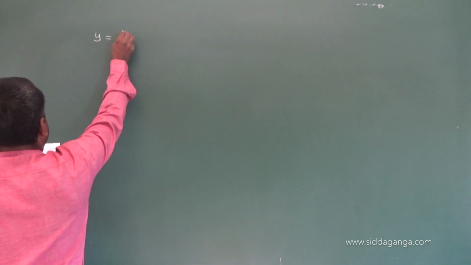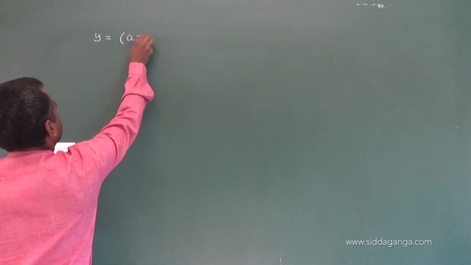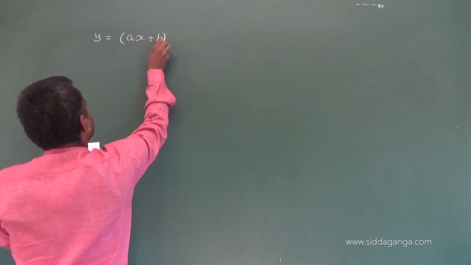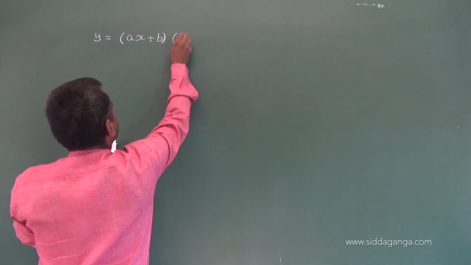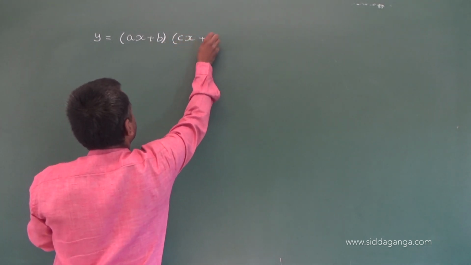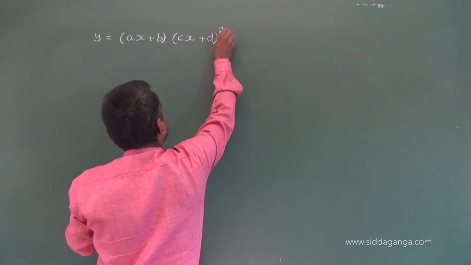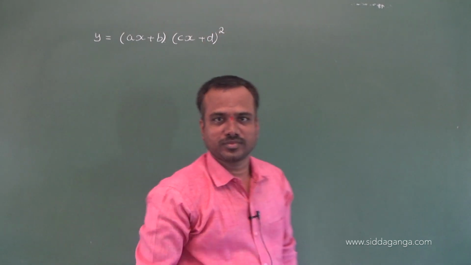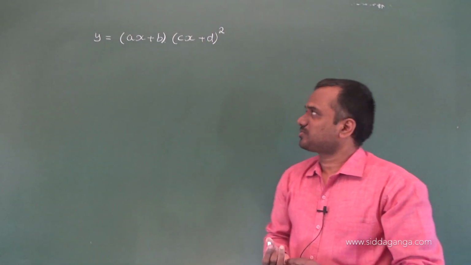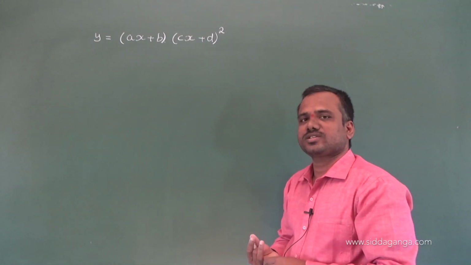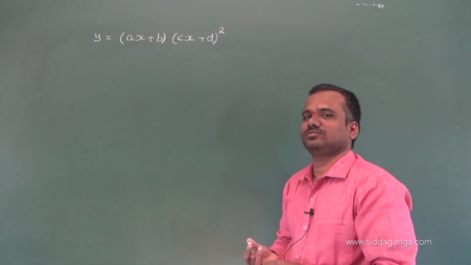Y is equal to ax plus b into cx plus d whole square. Correct?